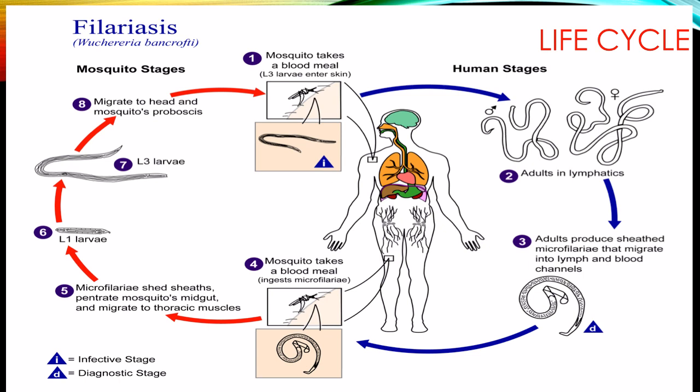And its life cycle is in two hosts, the man and the mosquito. And as I've already mentioned, the different types of mosquitoes which transmit the disease include the Culex, Anopheles, as well as Aedes. And the mode of transmission is by bite of infected female mosquito. And the infective form is the third stage of larva.